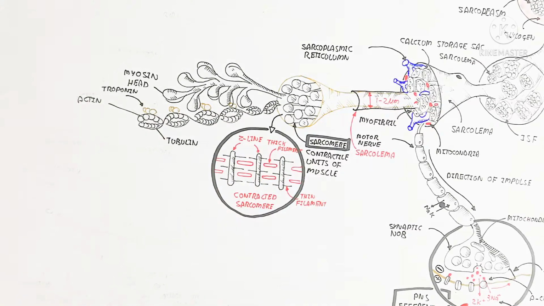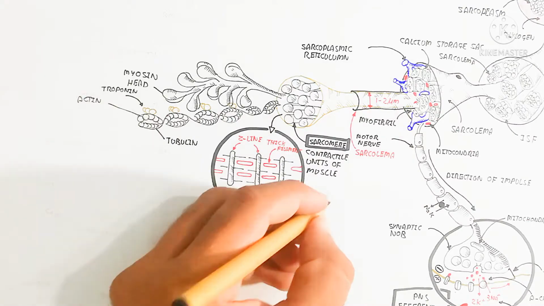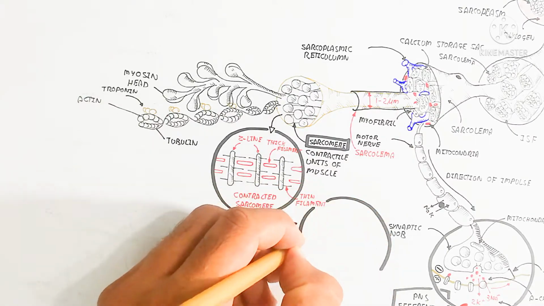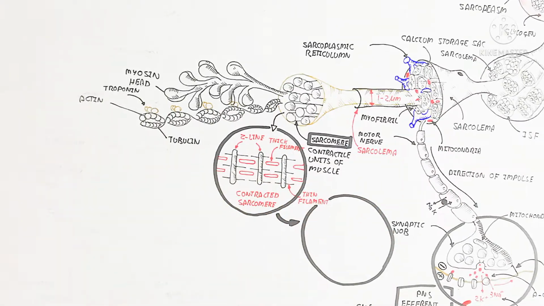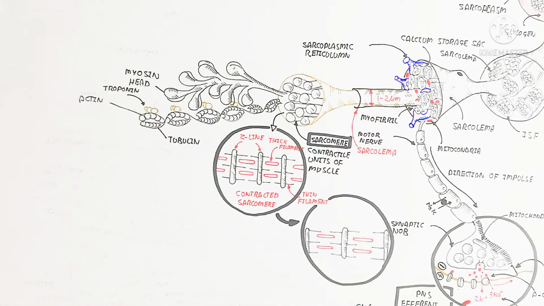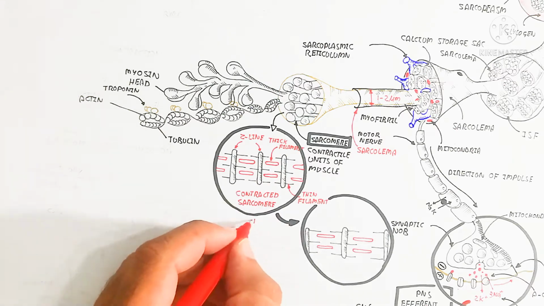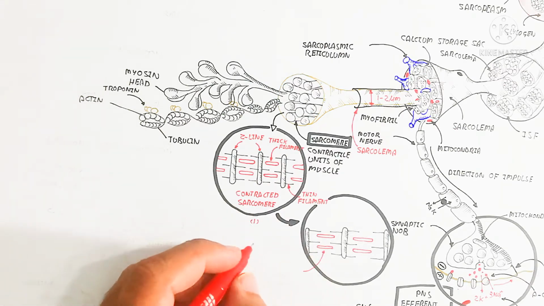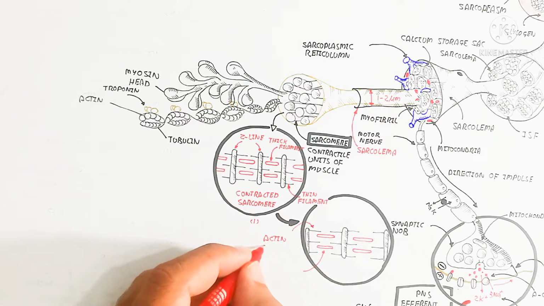After contraction comes relaxation, which requires energy: the actin-myosin bridge is broken down to relax the muscle. Without ATP, it will not relax.